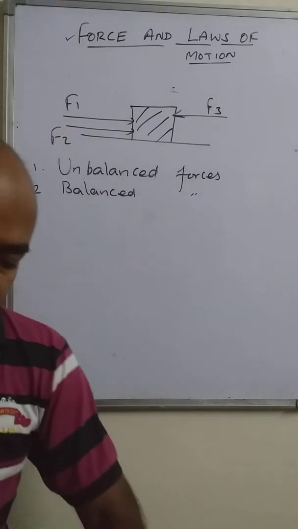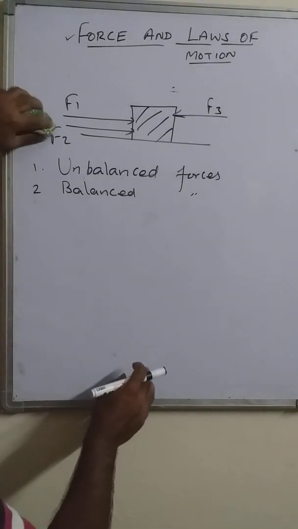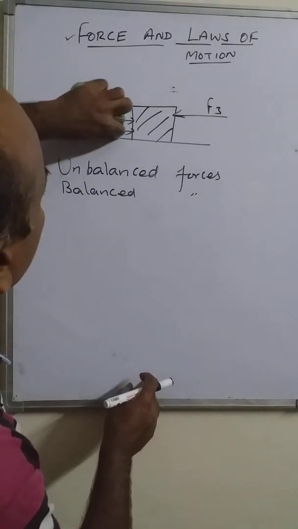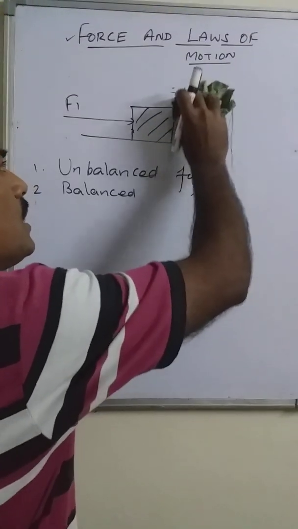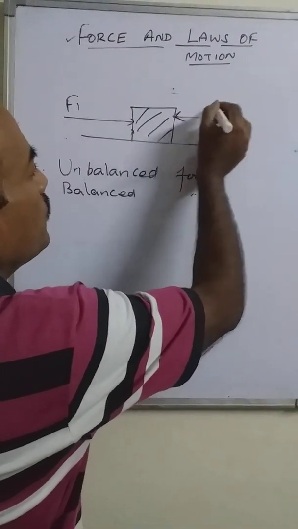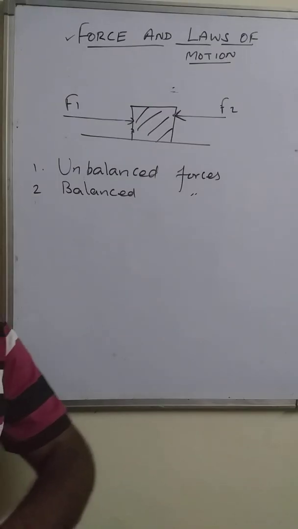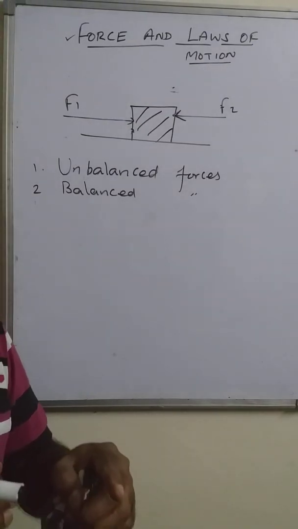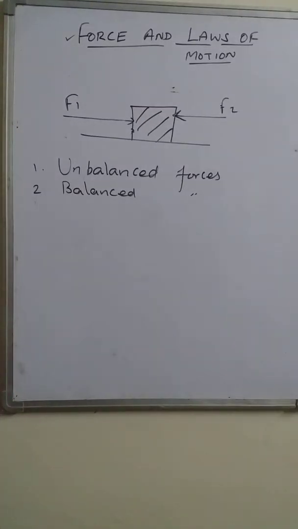Once again, we are going to simplify and use only two forces. We may take three forces, but for convenience, for simplification, we use two forces, F1 and F2. Both are acting on this object in the opposite direction.